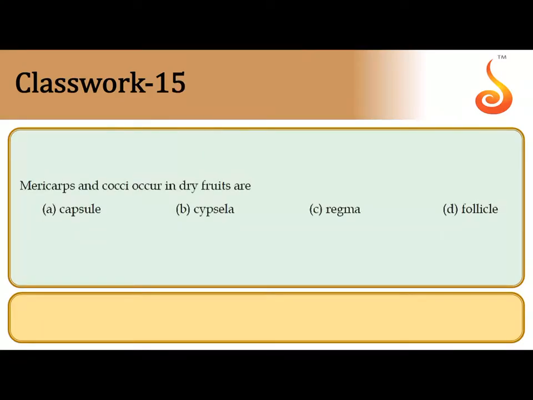Mericarps and cocci occur in dry fruits. The fruit in which you can see such units called mericarps or cocci is called schizocarpic fruit. Imagine the fruit develops from a trilocular syncarpous ovary which has three seeds in each of its locules. During its dehiscence, once the fruit is mature, it splits along the septa.